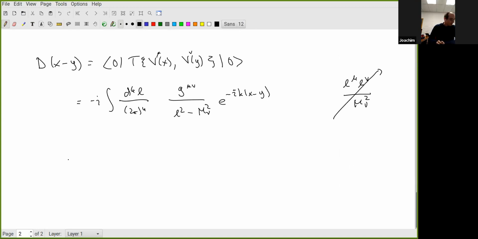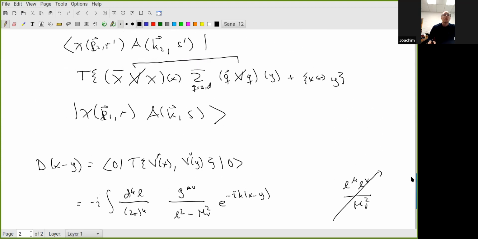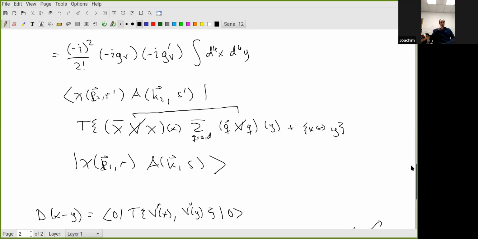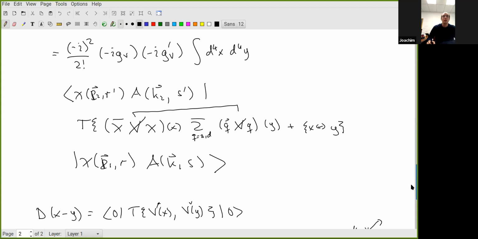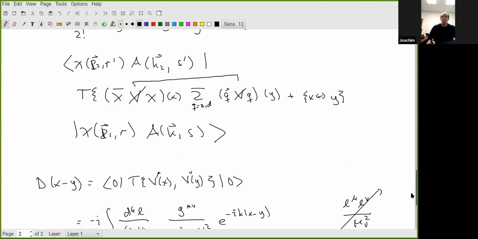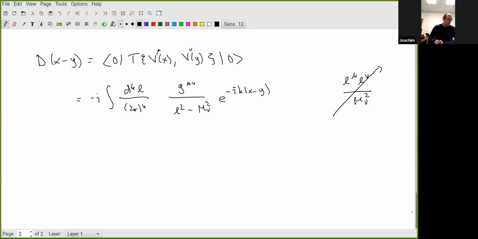In order to do this, we need to recognize, first of all, that we assume that dark matter, apart from this exchange of this vector boson, has no interaction. So it doesn't have a charge, it doesn't have a color charge or anything like this. So apart from this vector exchange, it doesn't interact with the quark currents. And that means that we can just factorize this matrix element into two factors.